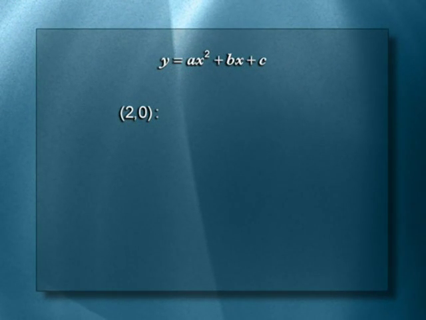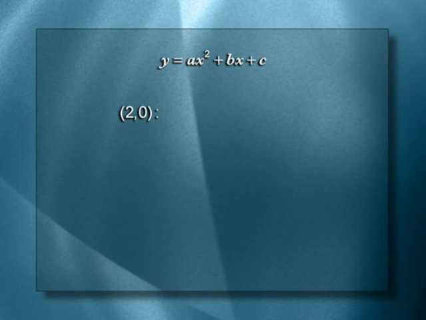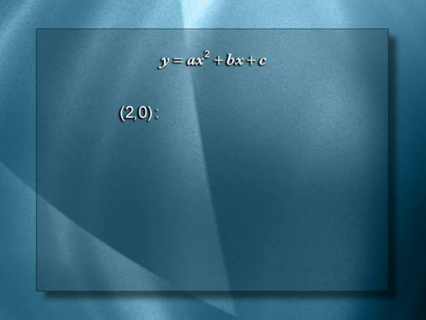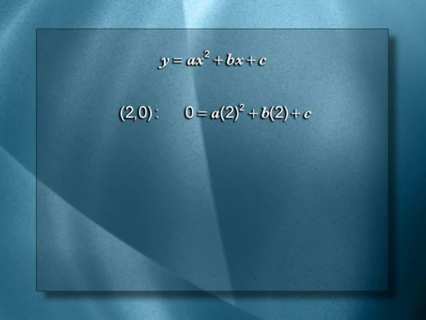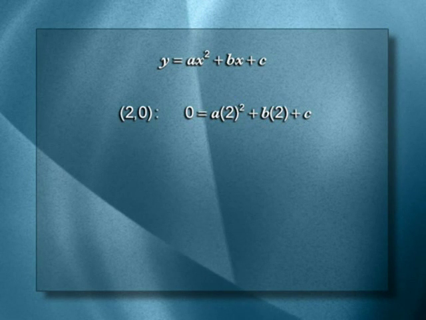And if I call the parabola ax squared plus bx plus c, where a, b, and c are the unknown coefficients of my parabola, I plug in x equals 2 and y equals 0, and I get 0 equals a times 2 squared plus b times 2 plus c.